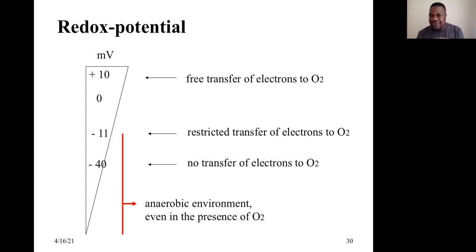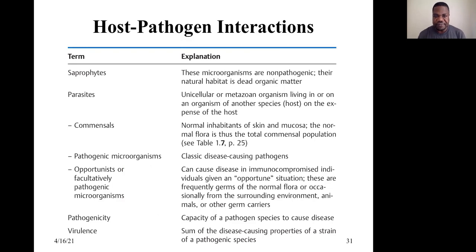So oxygen cannot play the role of the last electron acceptor for the energy generation. So the electron will only be attracted to flavoproteins. That's why you have anaerobic bacteria that are able to survive in the presence of oxygen. So this very low redox potential area is a reflection of some of the parts of our body.